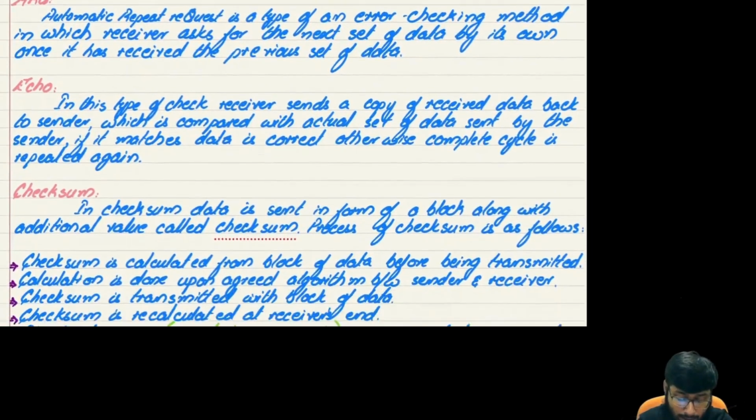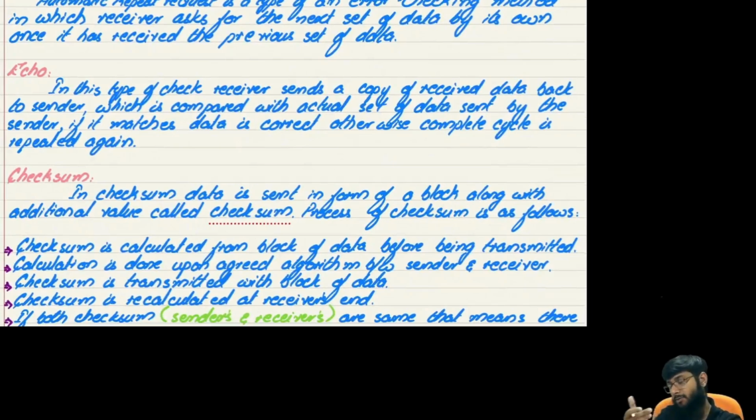Coming towards the echo check. In the real world, an echo is something where you shout out loud, and just after that you hear your similar voice once again. Similarly, in an echo check, the sender sends the data to the receiver. Now the receiver sends a copy of the data that it has received back to the sender.